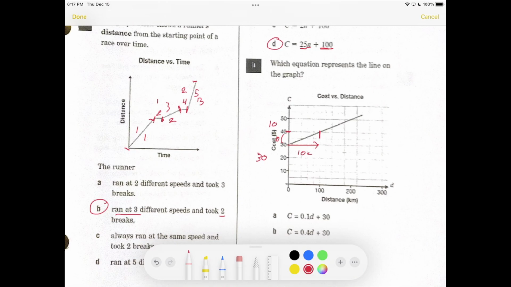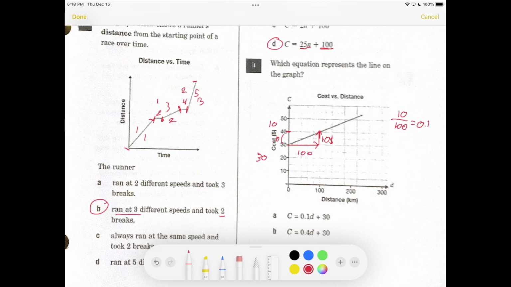100 kilometers, it goes up by $10, right? So let's put that in a division, right? 10 divided by 100, and our answer is going to be 0.1.